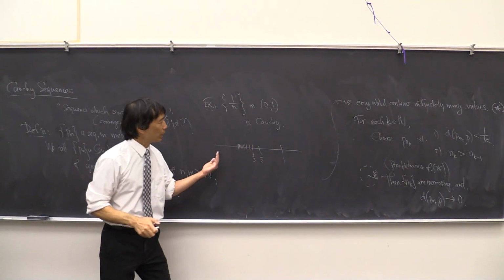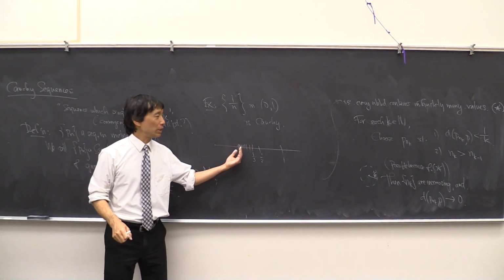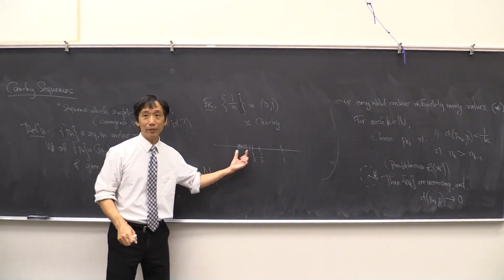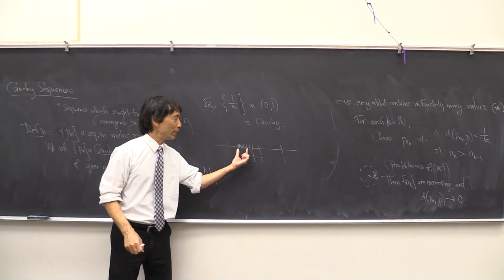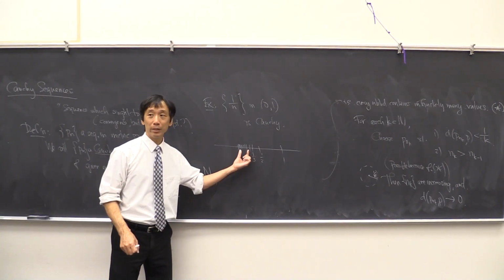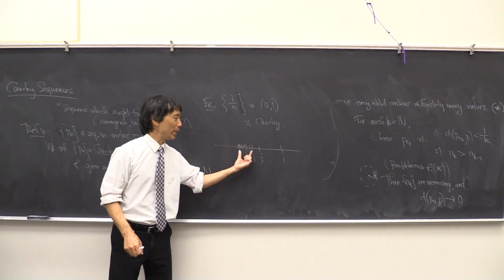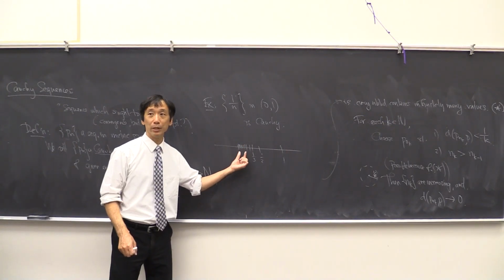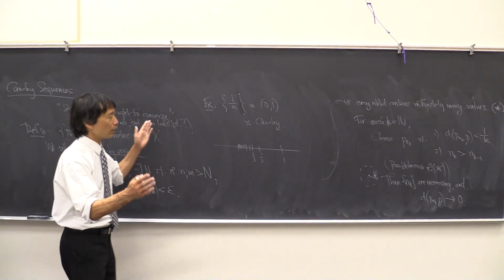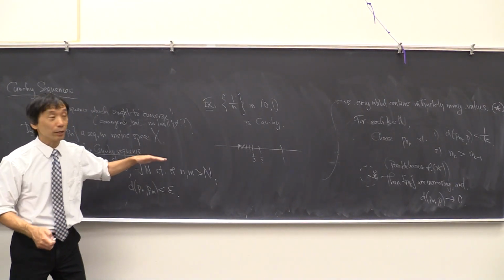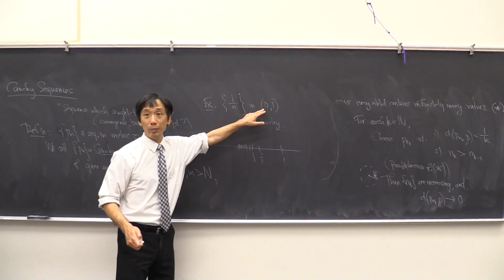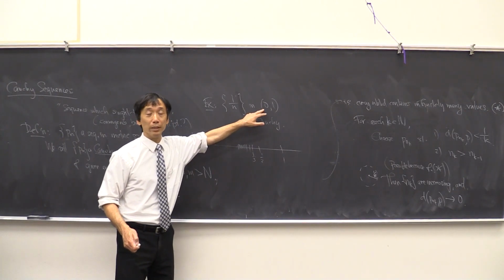If somebody says, I want you to make these within a half of each other, past time 2, everybody's within a half of each other. To make them within a third of each other, past time 3, everybody's within a third of each other, and so on and so forth. So I can make these arbitrarily close to each other. So this is a Cauchy sequence, but it's not a convergent sequence, because there's nothing to converge to in (0, 1).